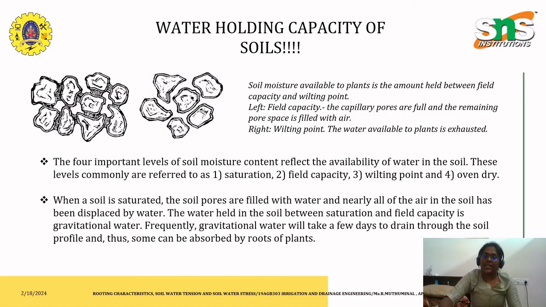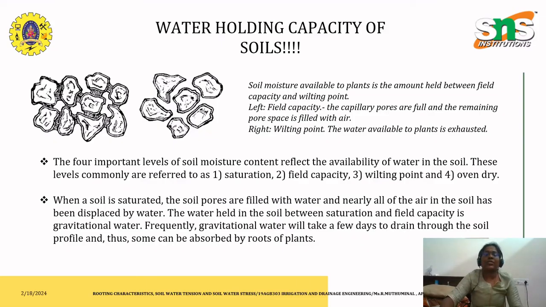The water held in the soil between saturation and field capacity is usually gravitational water. Frequently, this gravitational water takes a few days to drain through the soil profile, and thus some can be absorbed by the roots of plants. This is what happens everywhere. This is the mechanism whenever water is absorbed by a plant, and whether the water goes to the water table or to the plant's root depends upon the soil capacity.